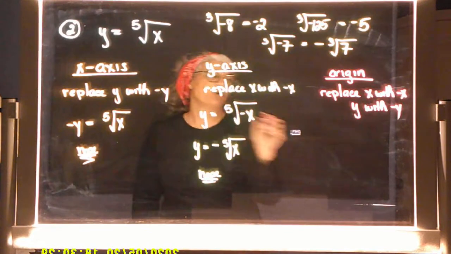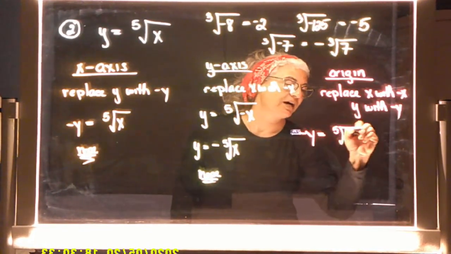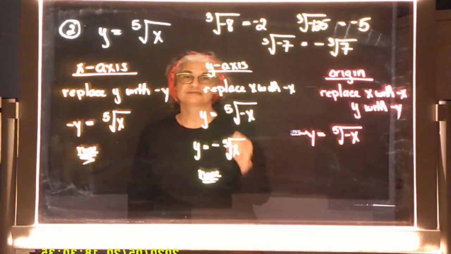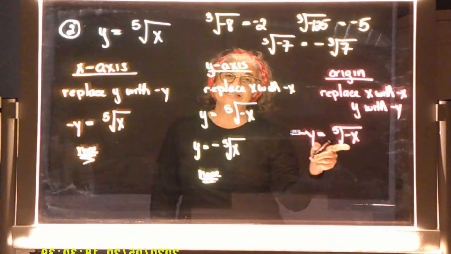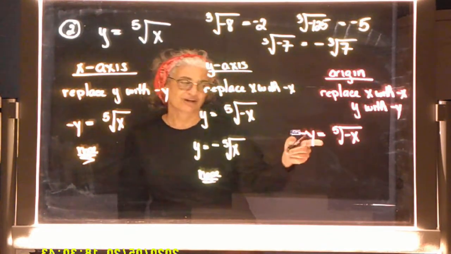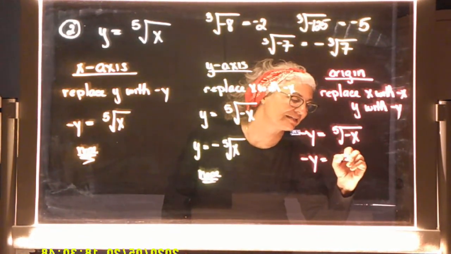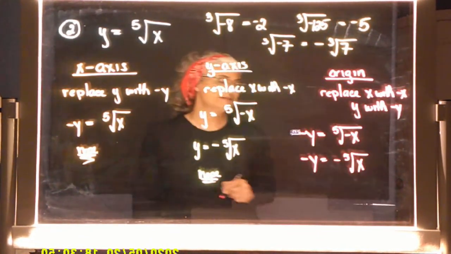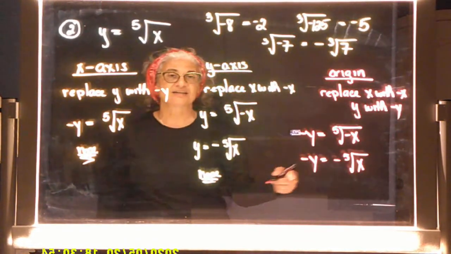So instead of y, it's going to be negative y equaling the fifth root of a negative x. Agreed? Okay, now I know that when I take the fifth root of a negative number, you're going to get a negative answer, aren't you? So this is the negative fifth root of x, isn't it? Now my question is, can you simplify this last line?